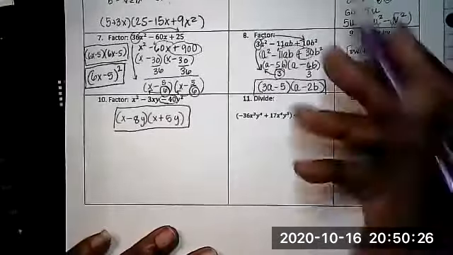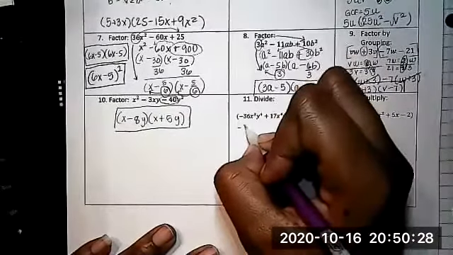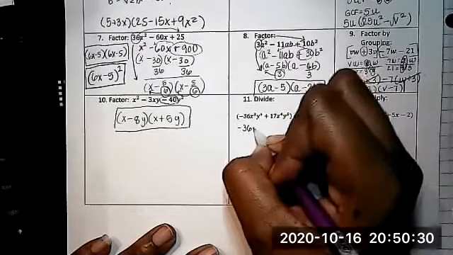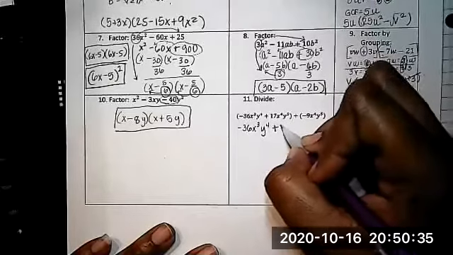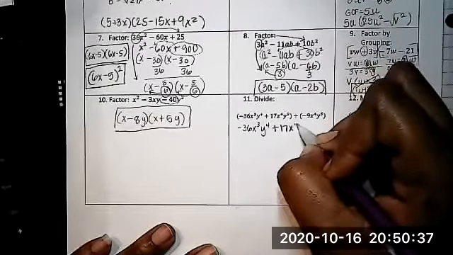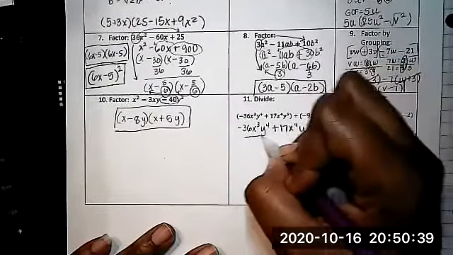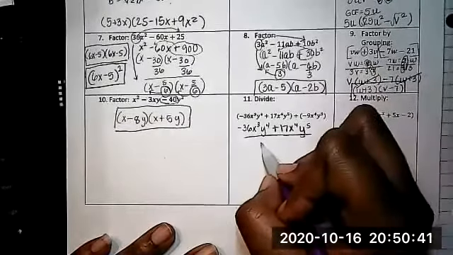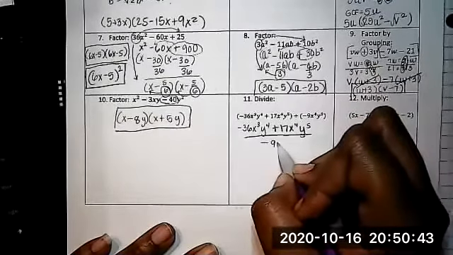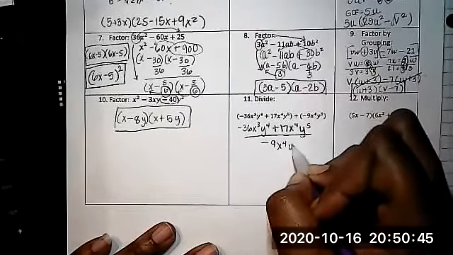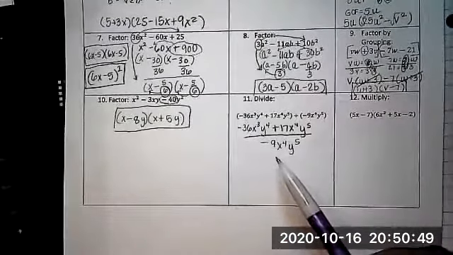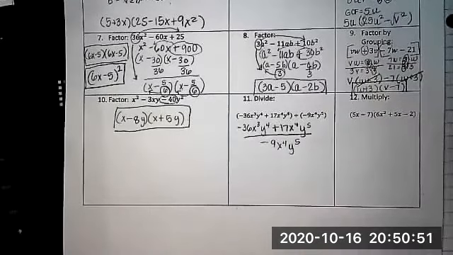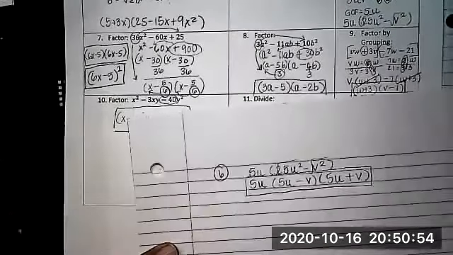All right, so how I would rewrite this: negative 36 x cubed y to the 4th plus 17 x to the 4th y to the 5th. I would divide that. I'd write it like that. Divided by negative 9 x to the 4th y to the 5th. Okay, I would write it like this first. Then I would split it up.